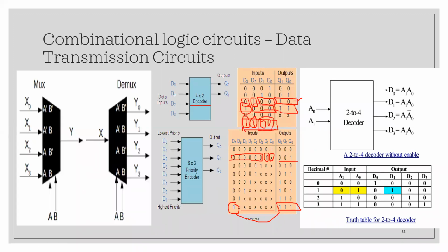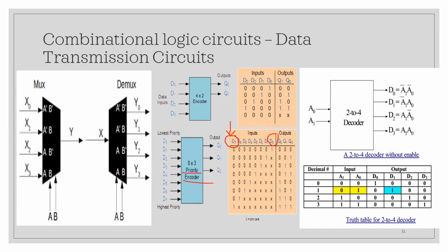Now if I change the condition, what it implies is, in a priority encoder, as per this truth table, D7 has the highest priority, whereas D0 has the lowest priority. If D0 is 1, the rest all should be 0.